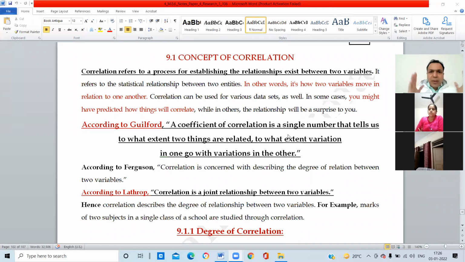So what is the relationship between them? Sometimes you have seen that demand is coming, and according to the demand supply is coming, but what happens is the product does not sell. So correlation talks about the relationship between the two variables, how the two variables go one after the other, right?